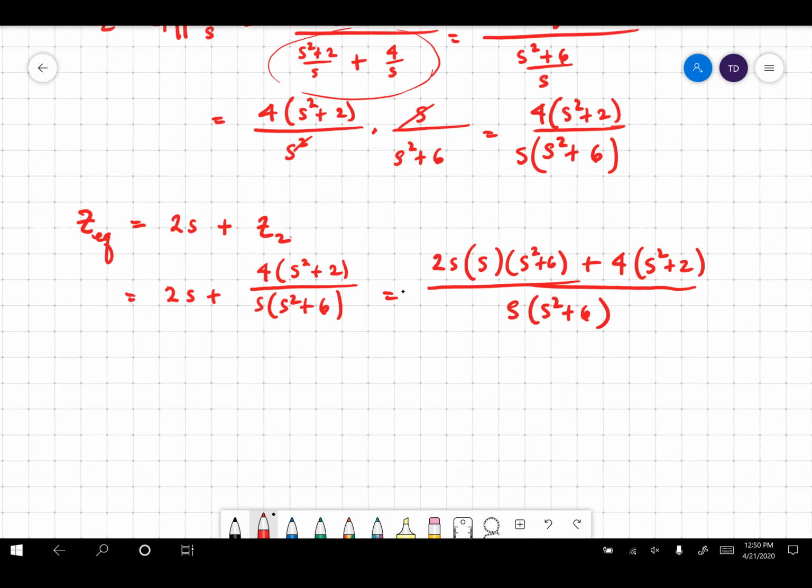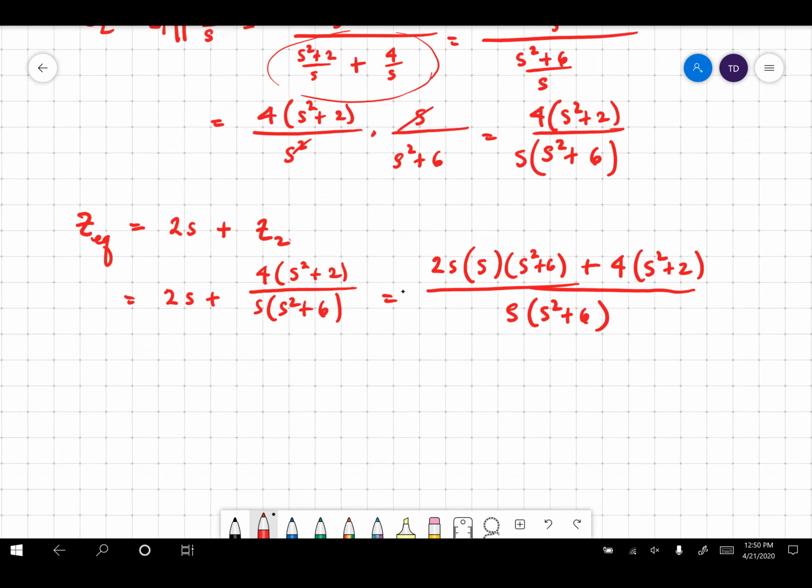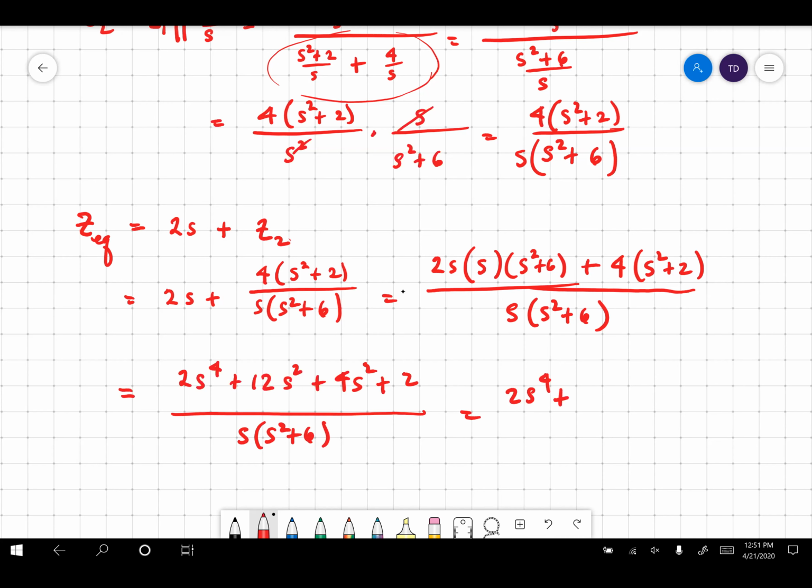Now it's just grind through it. So all of this is equal to 2 times S times S times S squared, 2S to the 4th, plus 12 S squared, plus 4S squared, plus 2, all divided by S times S squared plus 6, which is equal to 2S to the 4th, plus 16 S squared, plus 2, over S squared plus 6.